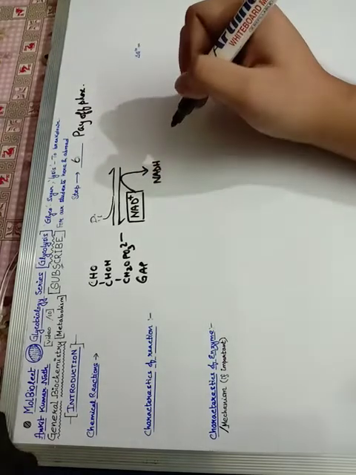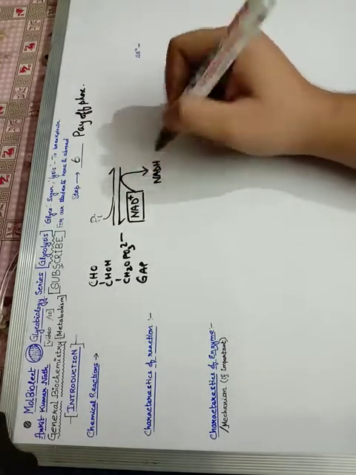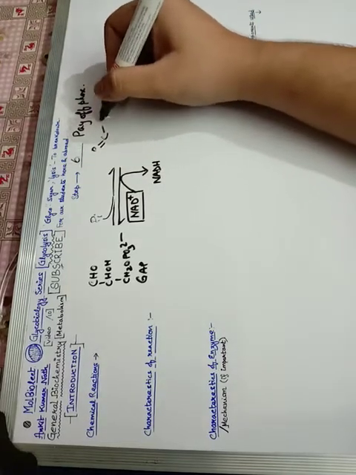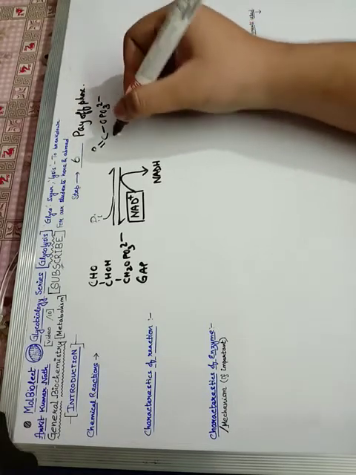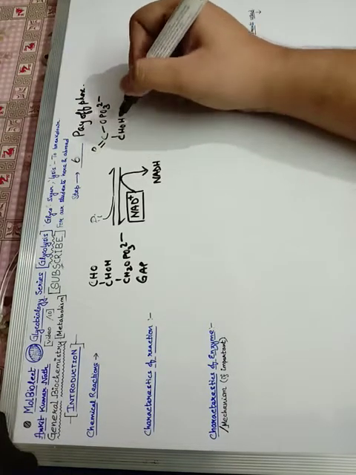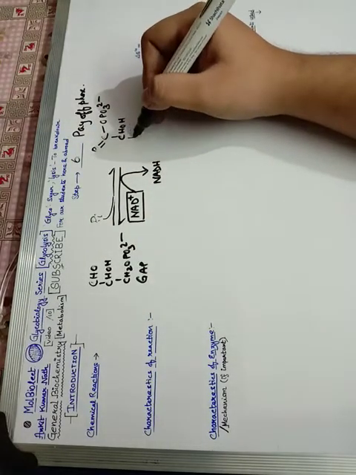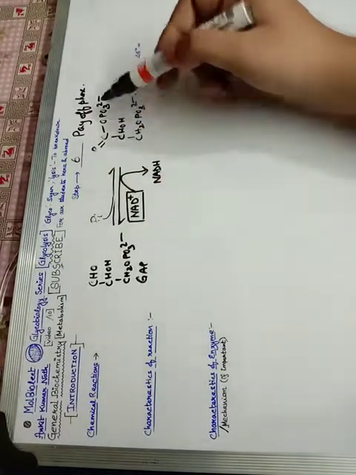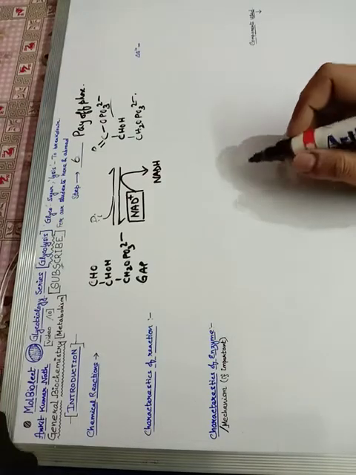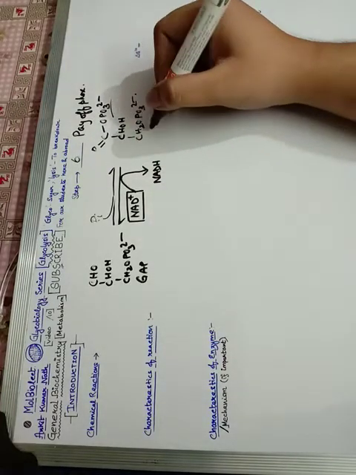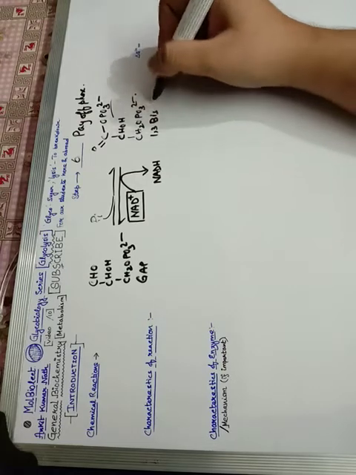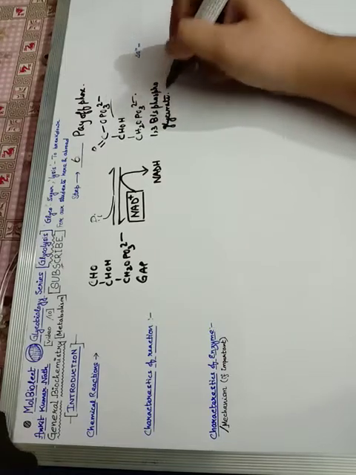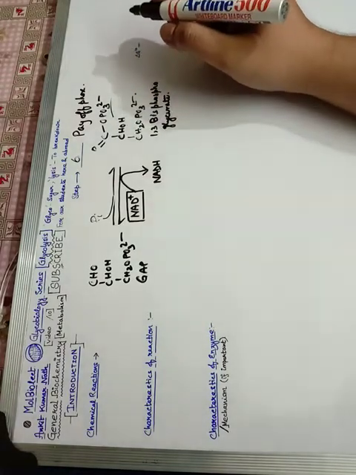So the NAD+ over here is getting reduced to NADH, and this reduction causes the production of 1,3-bisphosphoglycerate. So this Pi is actually this one over here. So from glyceraldehyde 3-phosphate we have 1,3-bisphosphoglycerate.